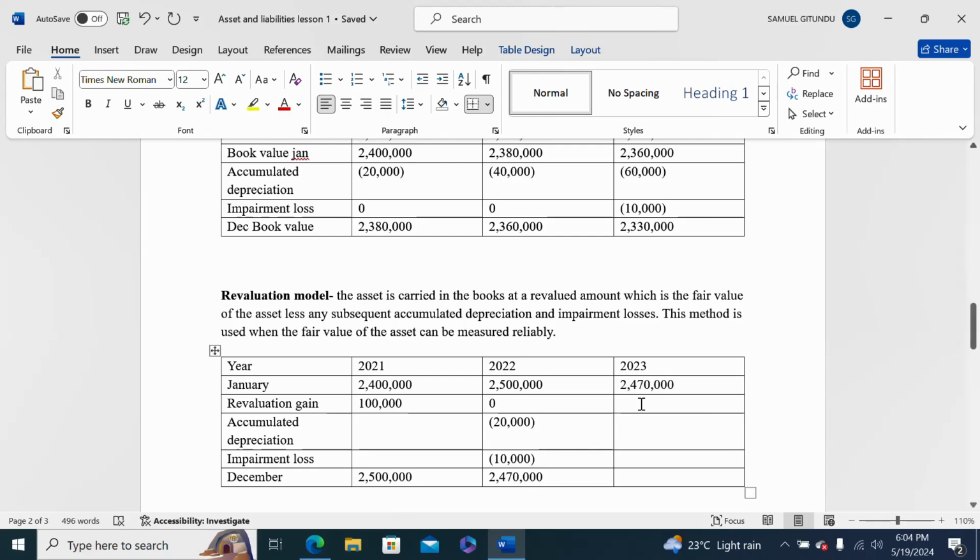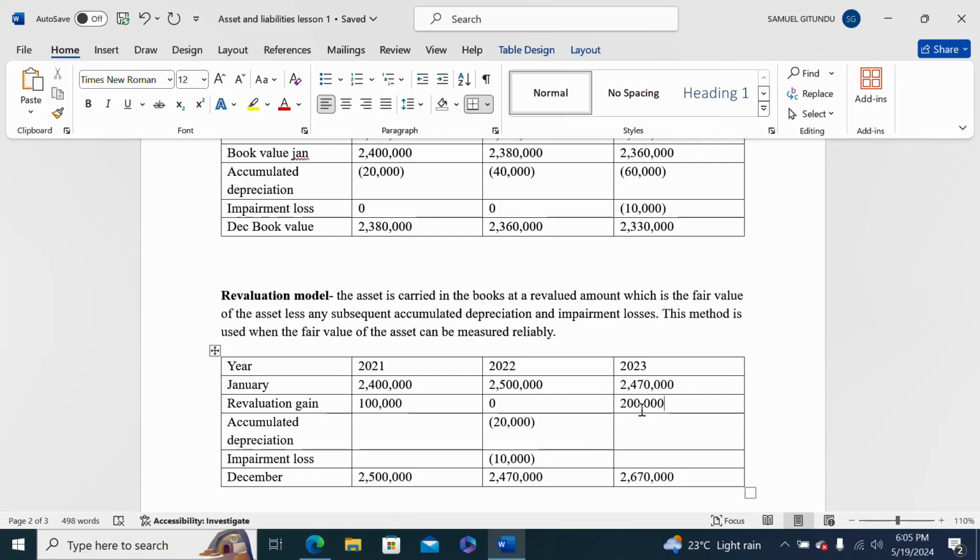Then the valuer says that the value of the asset now is 2,670,000. Therefore, there's a revaluation gain in that year of 200,000.